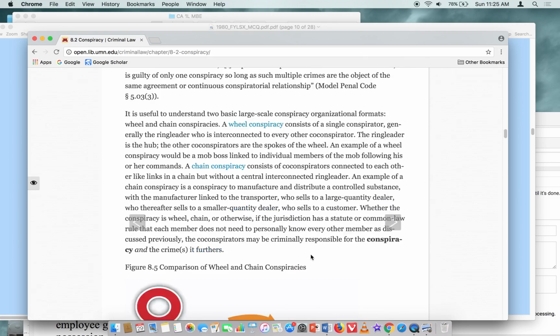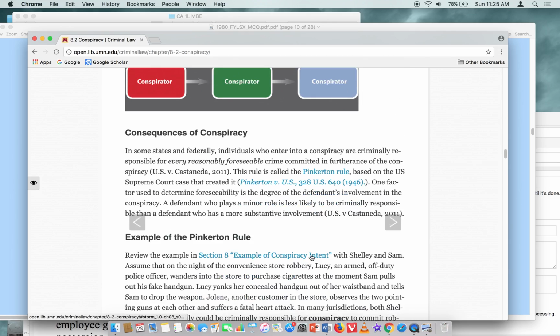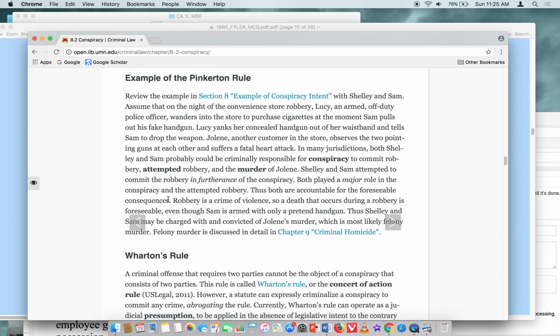So do you remember Pinkerton's law? Do you remember when you have one person guilty and they don't know? So basically, if one person doesn't know the other person is trying to carry out the conspiracy that was started, any and all crimes in furtherance of the conspiracy, they can be held liable if they were foreseeable.